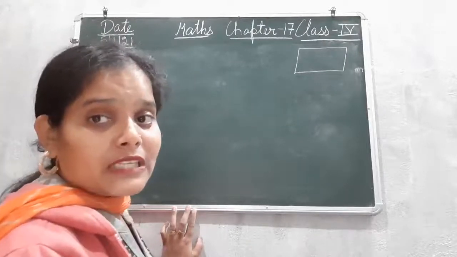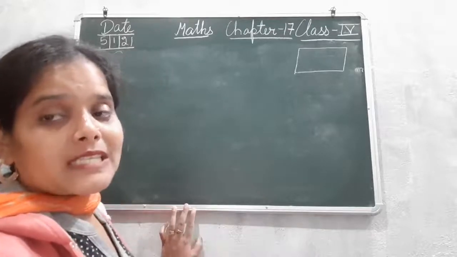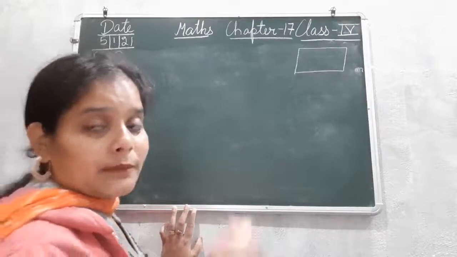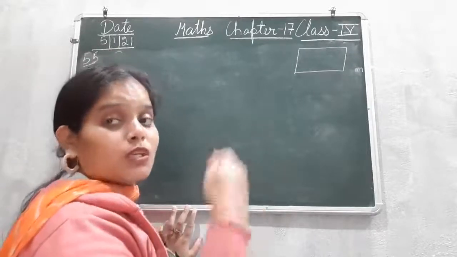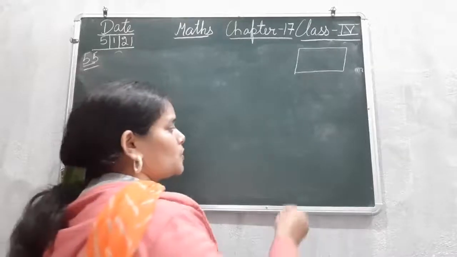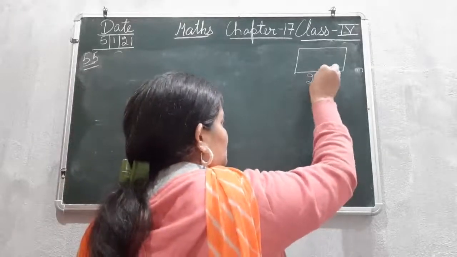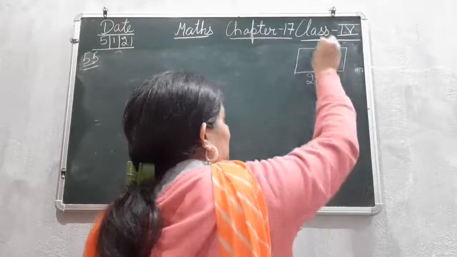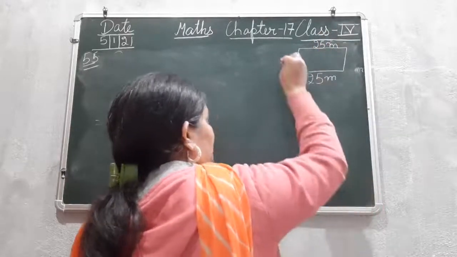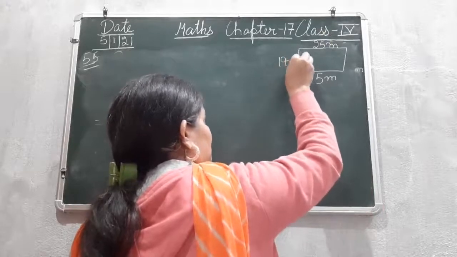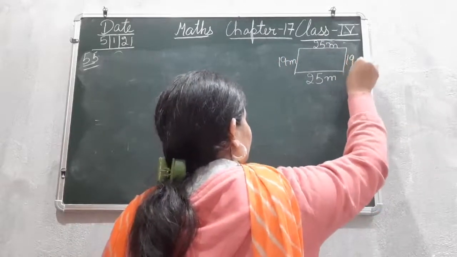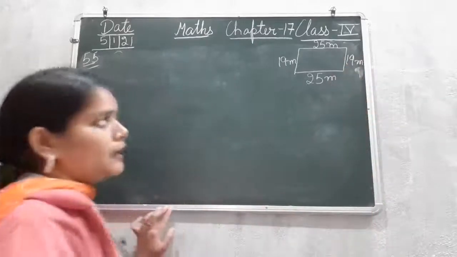The field is rectangular, so that means the opposite sides will be equal. हमारे पास एक rectangular field है, so इसकी जो opposite sides होंगी, that will be equal. If this is 25 meter, this will also be 25 meter, and if this is 19 meter, this will also be 19 meter.